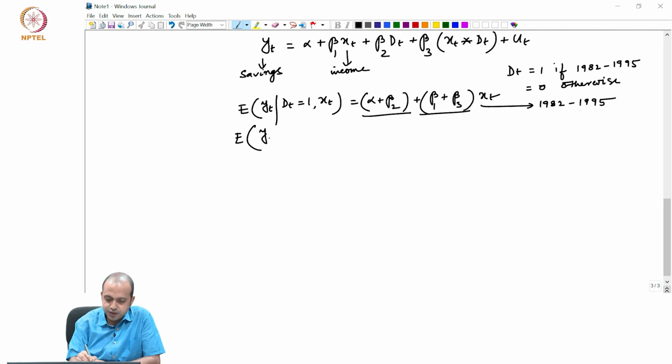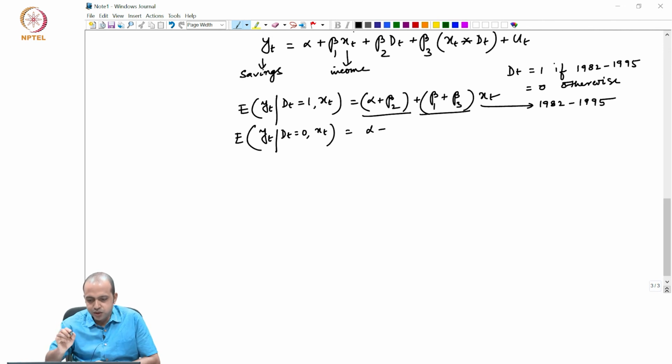Expectation of yt given dt equals 0, xt equals alpha plus beta 1 xt, as this will vanish. So, this is for the period 1970 to 1981.